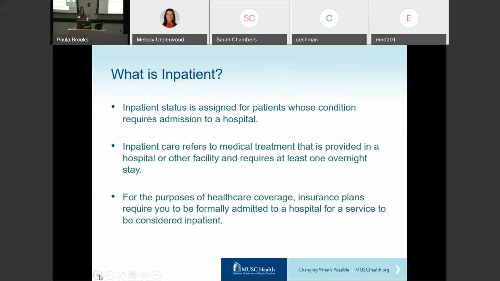Inpatient care refers to medical treatment that is provided in a hospital or other facility and requires at least 1 overnight stay. For the purposes of healthcare coverage, insurance plans require you to be formally admitted to a hospital for a service to be considered inpatient.